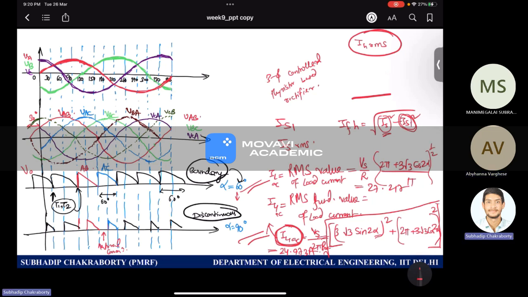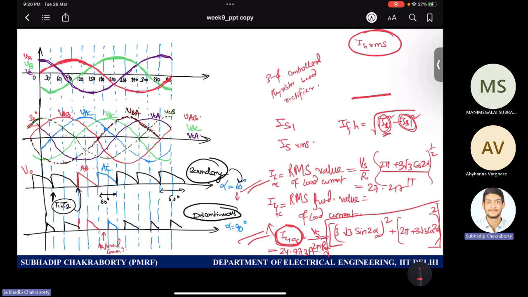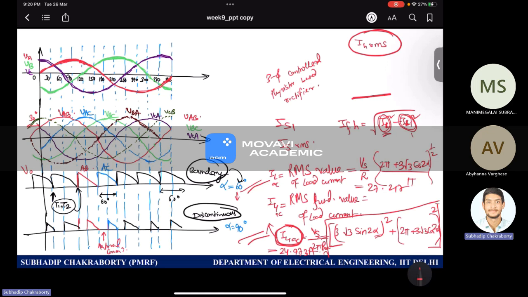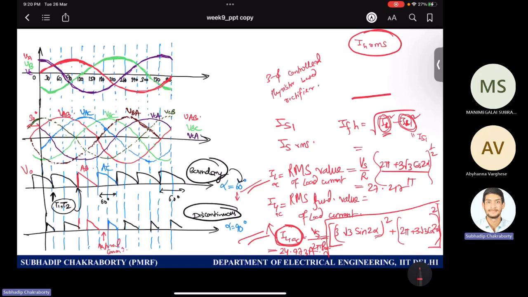The net current, whether supply current or load current, IL minus IL1 is the harmonic current. The harmonic current will be absorbed by the filter only. Otherwise all are in series connection, so the supply fundamental and your load fundamental will be the same. So IL1 is IS1, and the remaining harmonic current will flow into the filter. That is how we are determining.